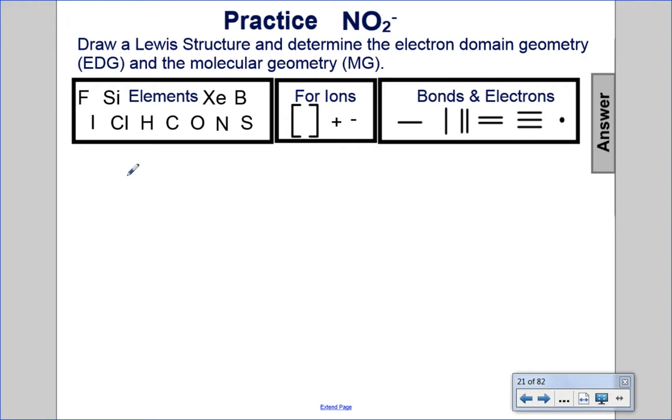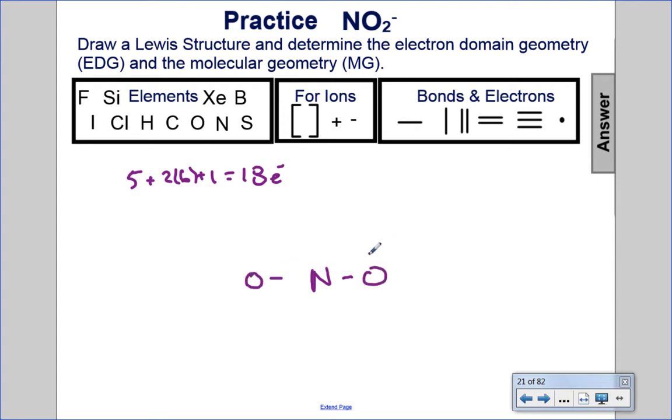Let's do another one. Let's do the nitrite ion, NO2 minus. Nitrogen has 5 valence electrons, 2 oxygens, each with 6, plus 1 for the negative charge, equals 18 electrons. So we'll put the N in the middle. It is the less electronegative of the 2.